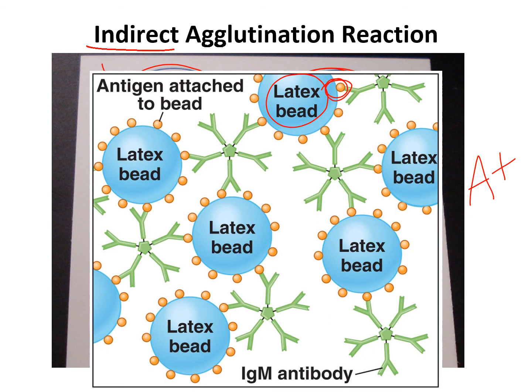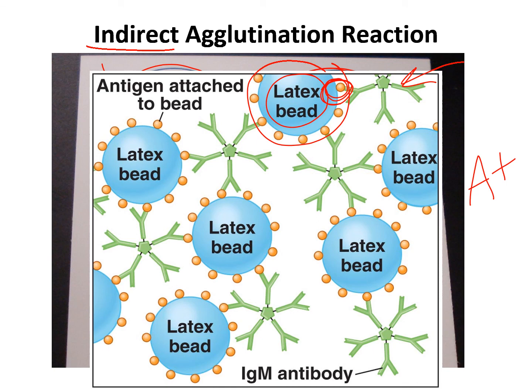And in this case, you generate the latex beads in the test. So you put the antigen on the beads, and then you use these beads to identify the presence of the antibody in the patient's sample. So this could be used to identify if an individual has produced antibodies to that particular antigen.